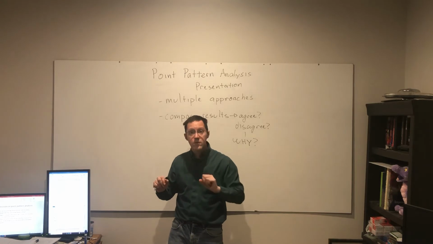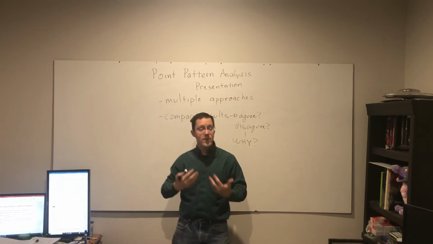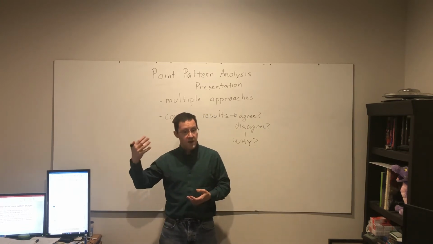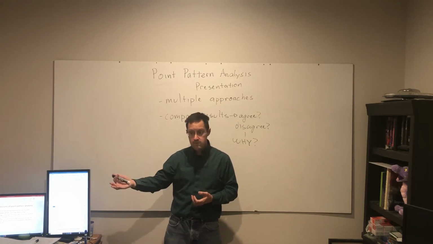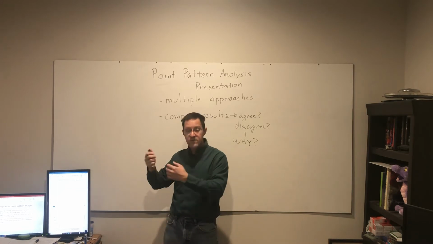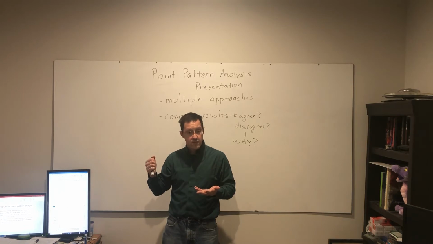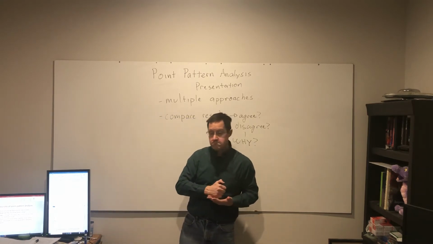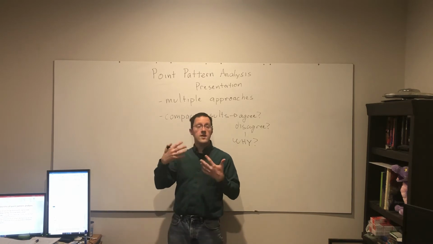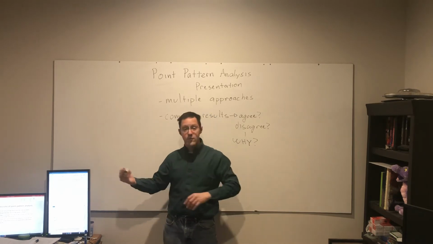On the other hand, what do we do if they don't agree? In my presentation, in my discussion, I might say I did an analysis with chi-squared, and say the variance to mean ratio said it was very heavily clustered. But Ripley's K might say, no, it's clustered only at a certain smaller distance, and random for the most part.